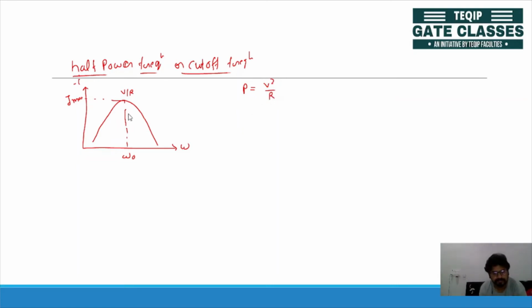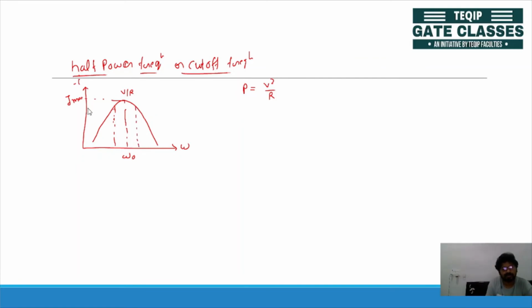So what will be the power if we have half power, that is P by 2? Let's say here you will get half power.